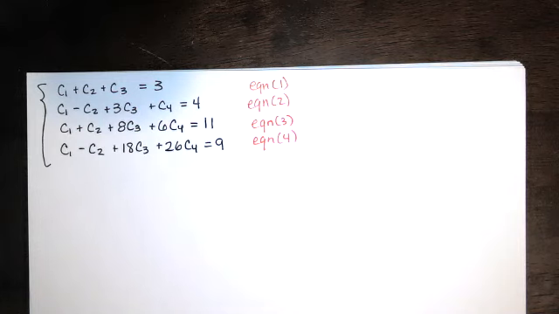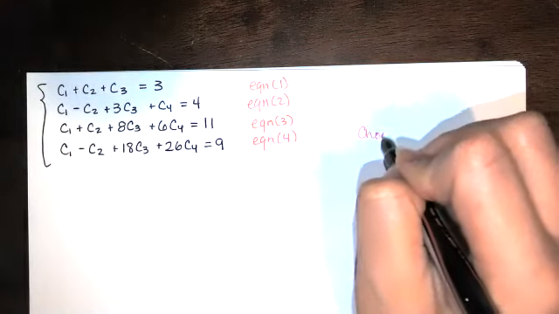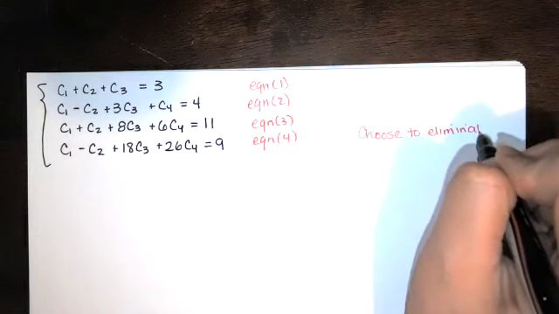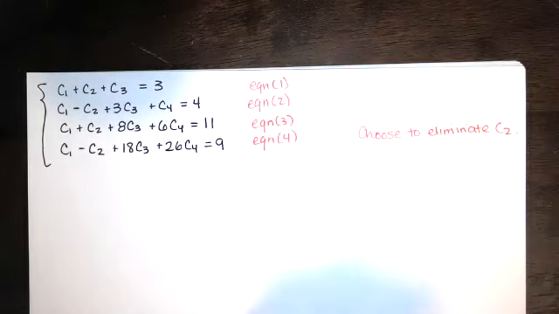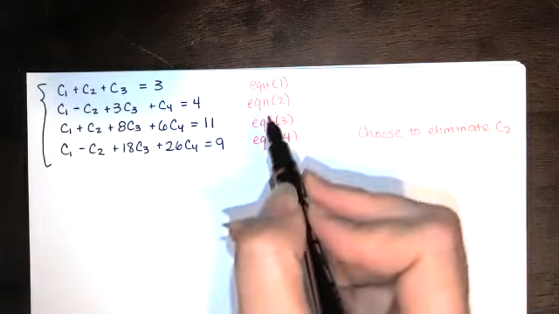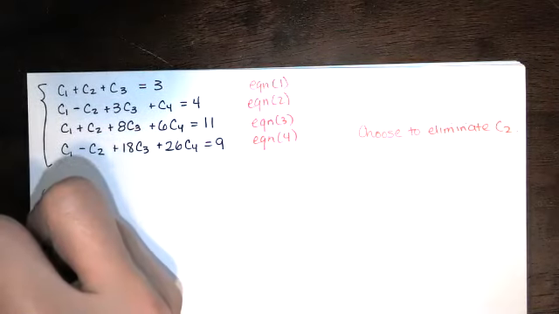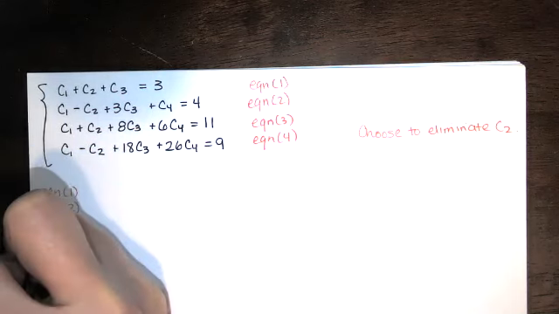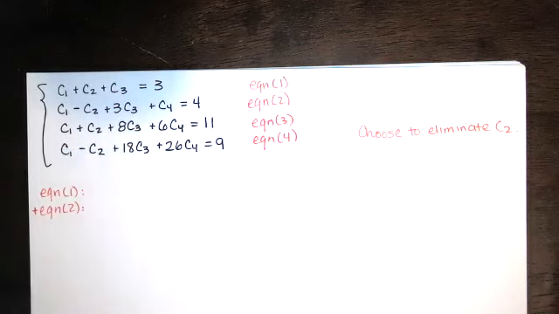But basically, you're going to choose. You're going to say to yourself, which variable do you want to get rid of? I'm going to choose to eliminate C2 because it looks the easiest to me. And the way I'm going to do that is initially I'll add these 2 equations together and see what I get.